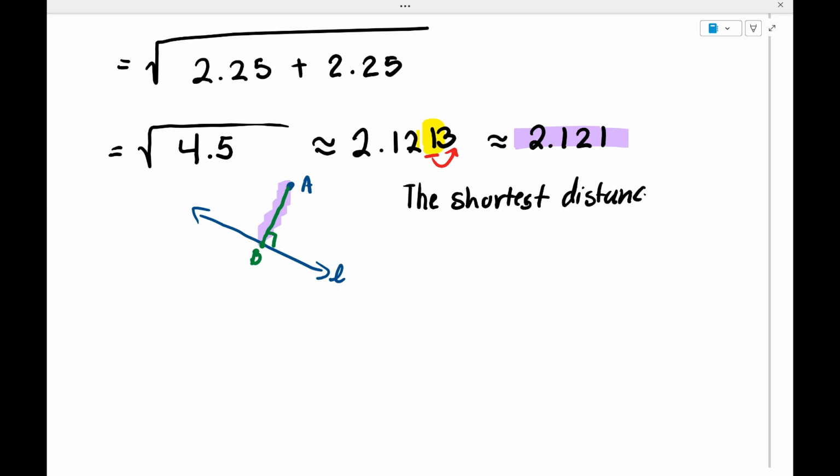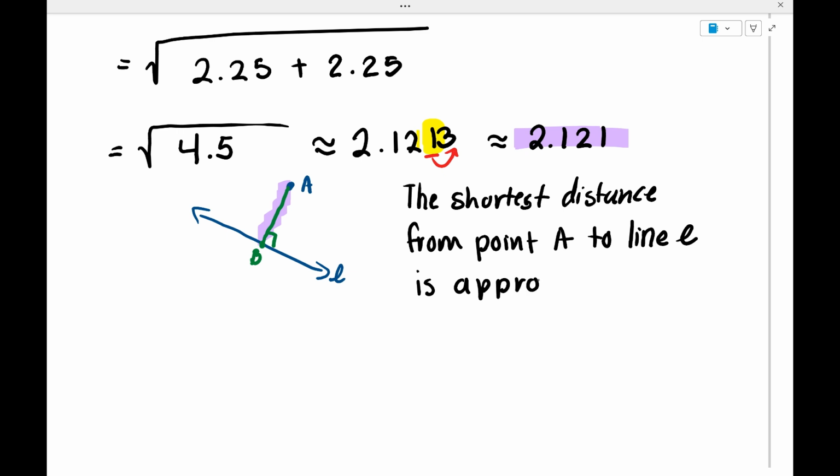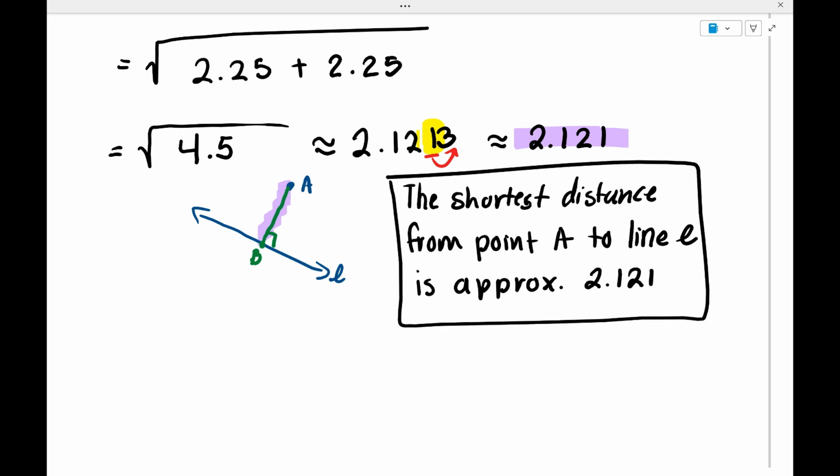So the shortest path that I can take from point A to line L is 2.121, approximately, because we did round. And that's how you find the distance between a point and a line.